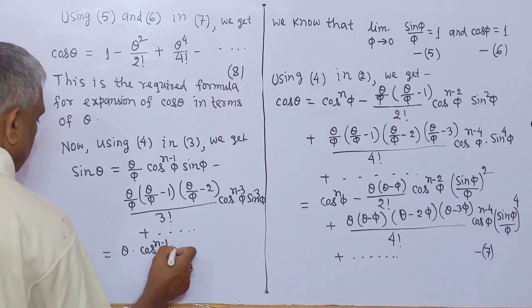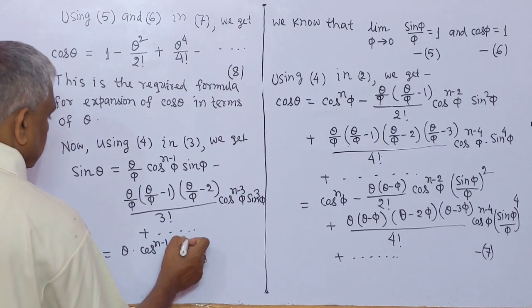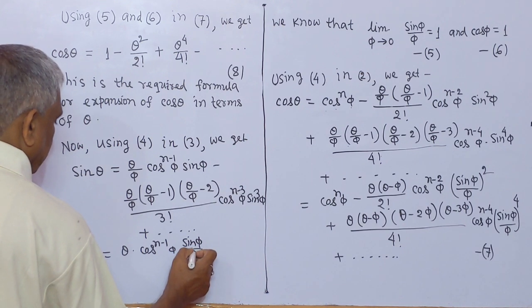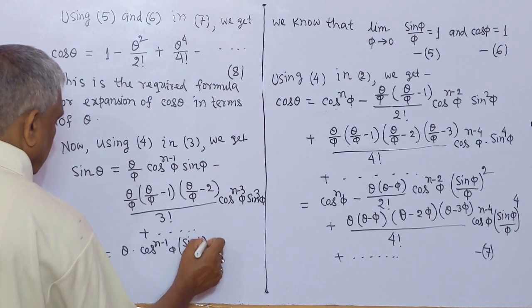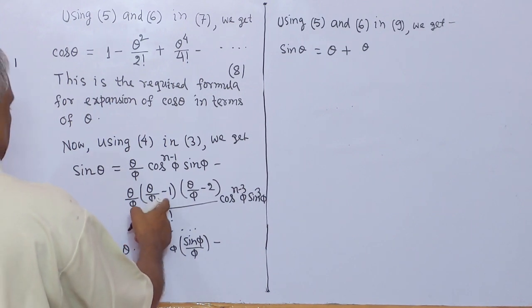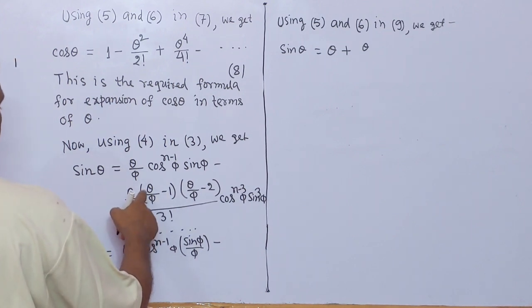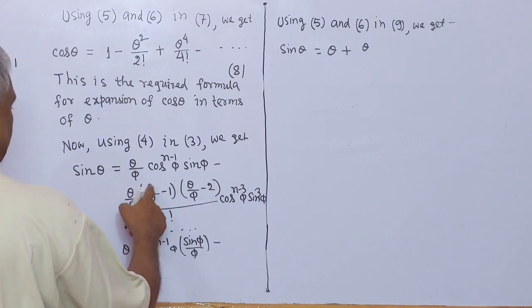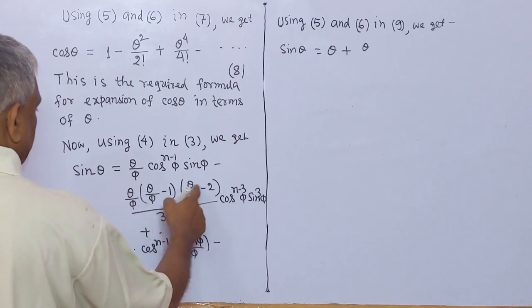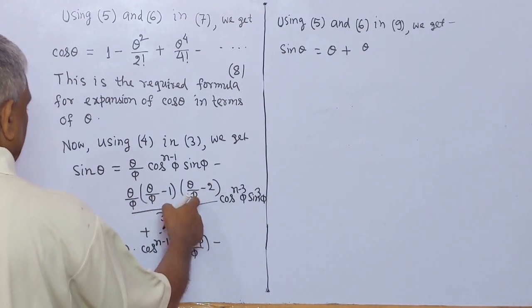phi sin phi by phi, minus, here we take LCM, so we will get here theta minus phi by phi, here theta minus 2 phi by phi.